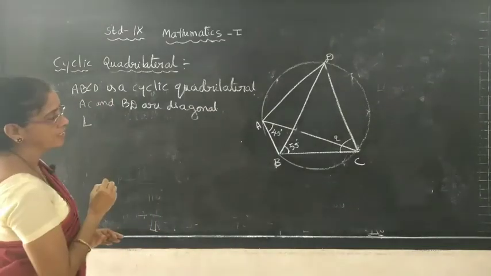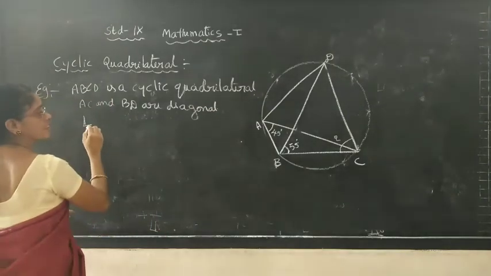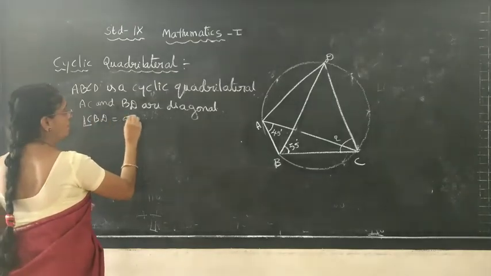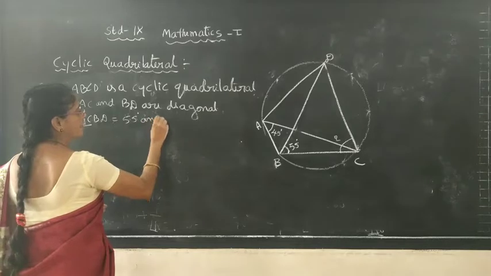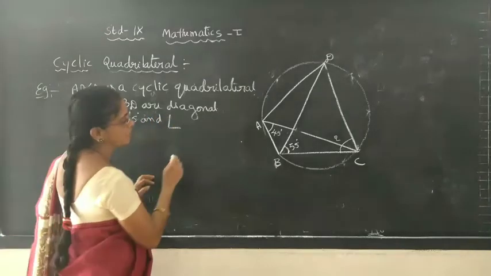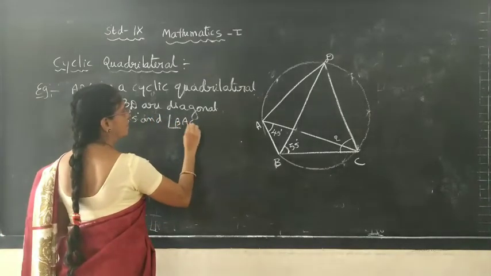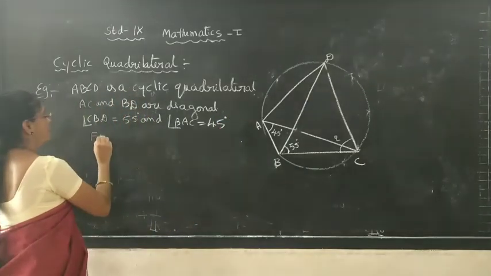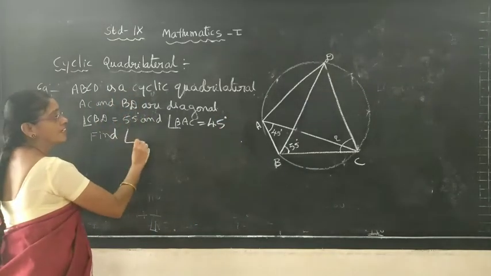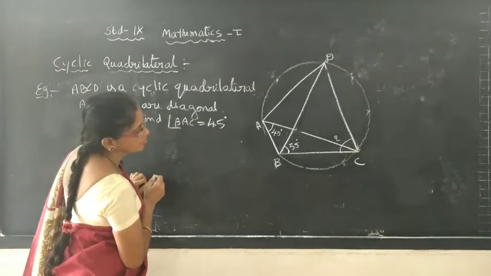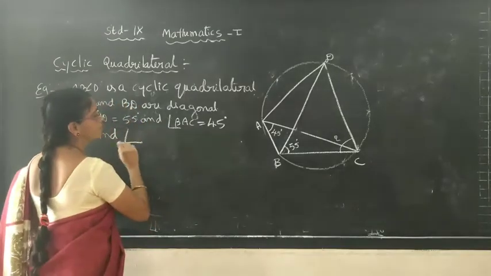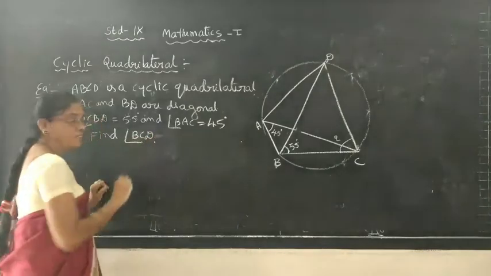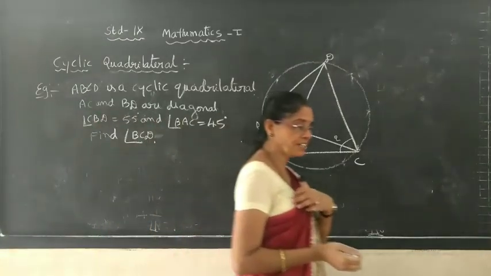Angle CBD is equal to 55 degree and angle BAC is 45 degree. Find angle BCD. Find angle BCD. Now, how to find the angle?